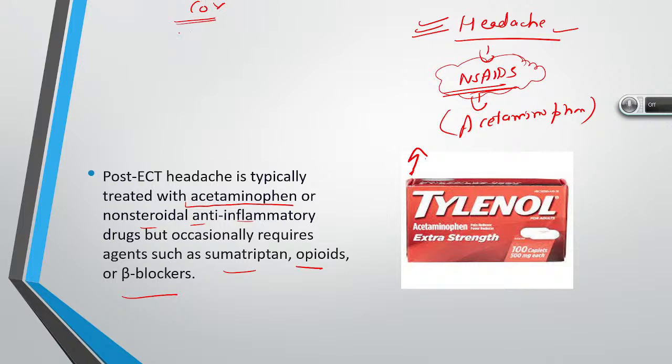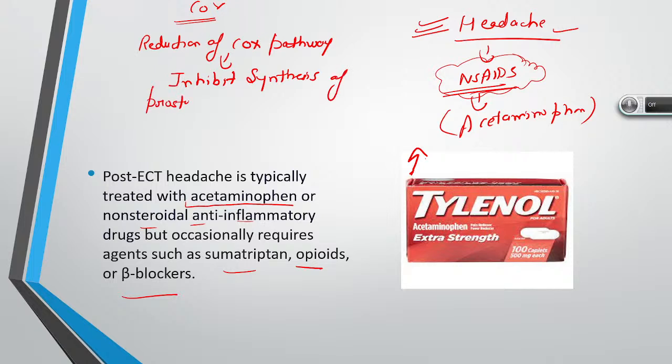Firstly there will be a reduction of the COX pathway, leading to inhibition of synthesis of prostaglandin in the CNS, and somehow it blocks the pain receptors.